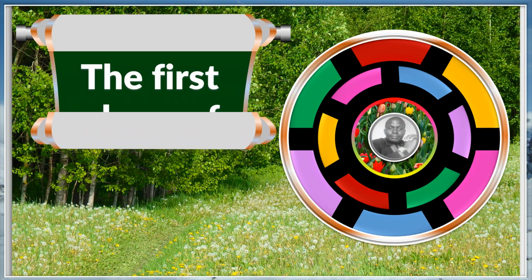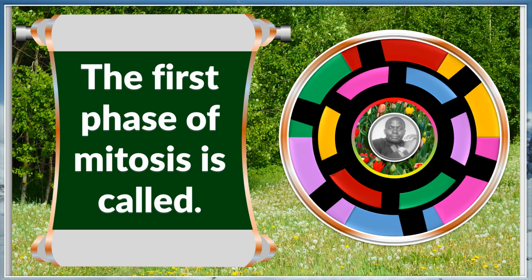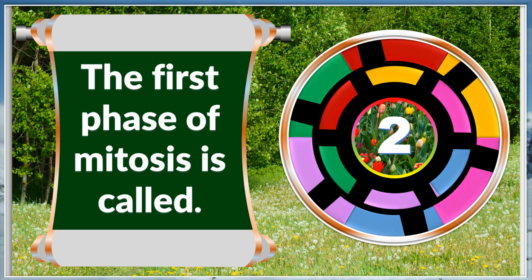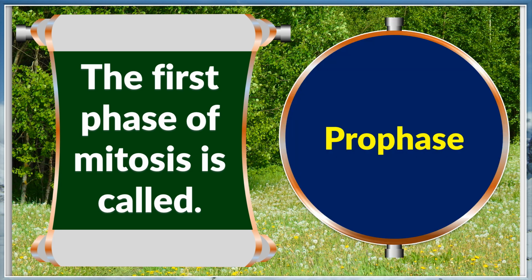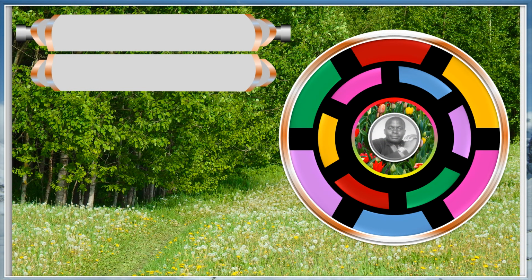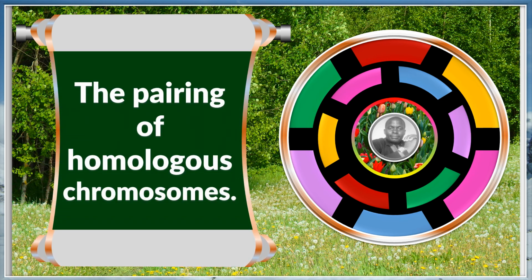The first phase of mitosis is called prophase. The pairing of homologous chromosomes.